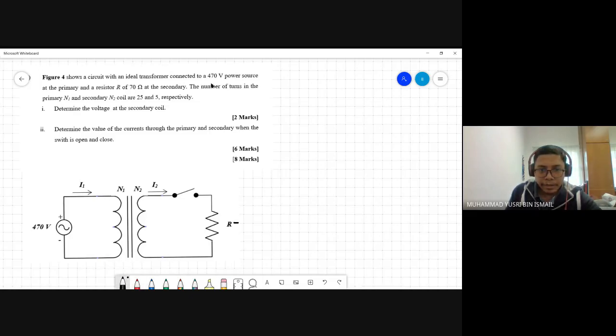The number of turns in the primary N1 and secondary N2 are 25 and 5. The first question is to determine the voltage at the secondary coil.